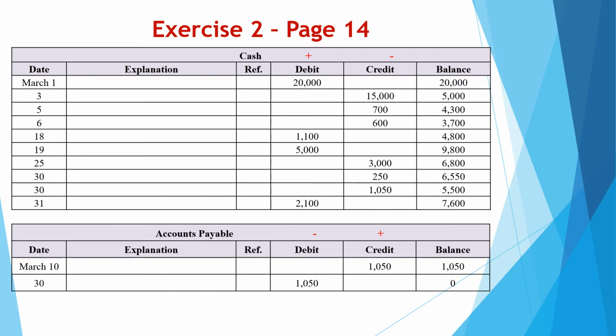In debit, we put the same amount as in the general journal. The cash on the first date was 20,000, so we put 20,000 in debit because in the general journal we have the cash in debit for $20,000. So here as well, we transfer the 20,000 from the general journal debit to the general ledger debit.